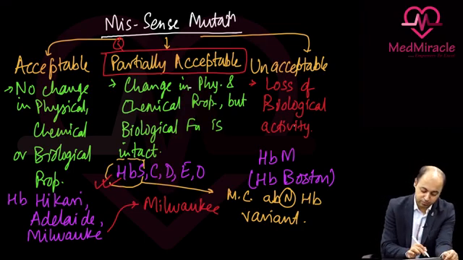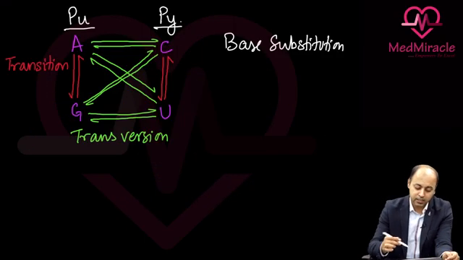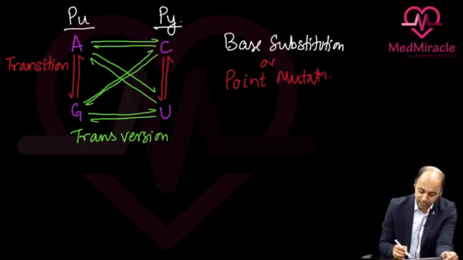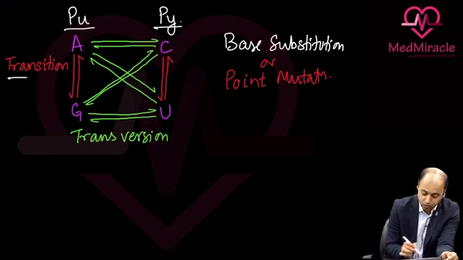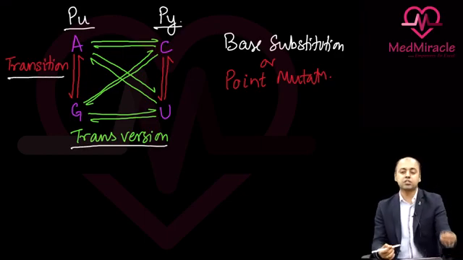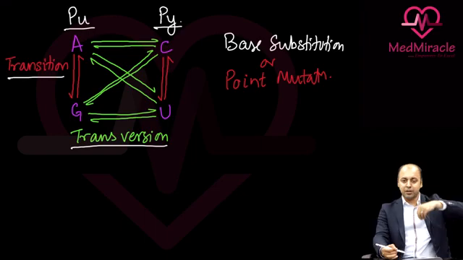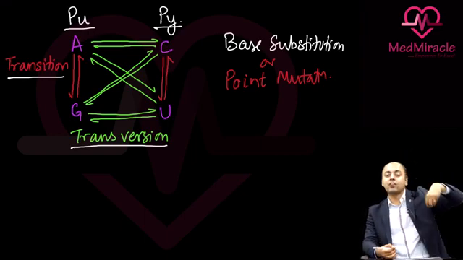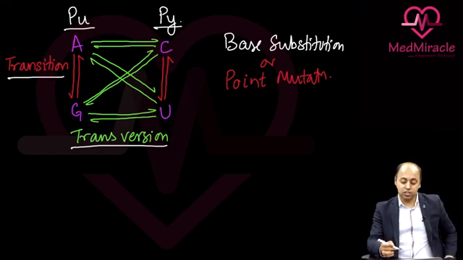To summarize, please note that in case of base substitution, also known as point mutation, there can be transition or there can be transversion. Transition means purine replaced by purine, pyrimidine replaced by pyrimidine, within the same group. Transversion is purine replaced by pyrimidine or vice versa, across the group.